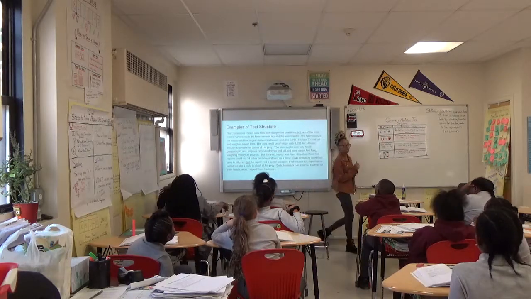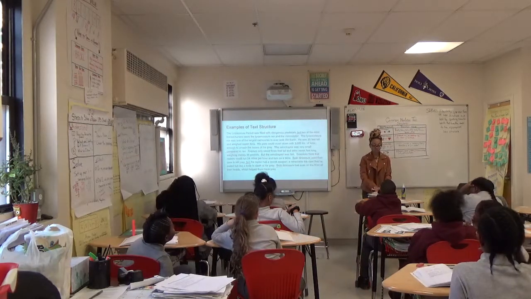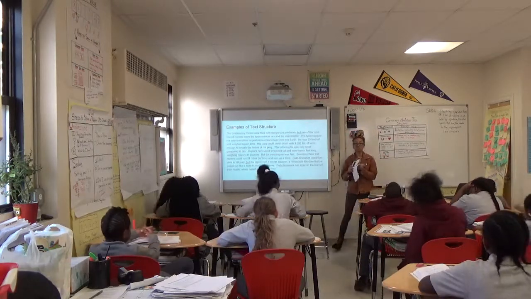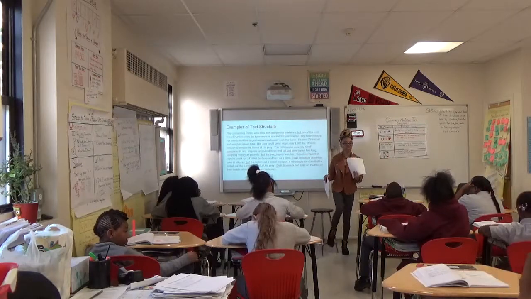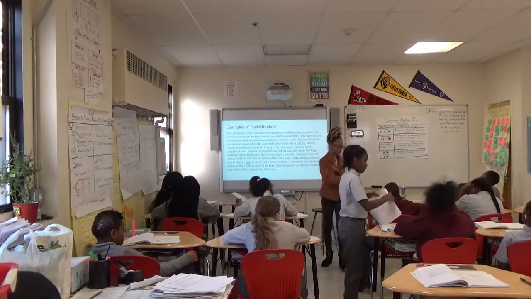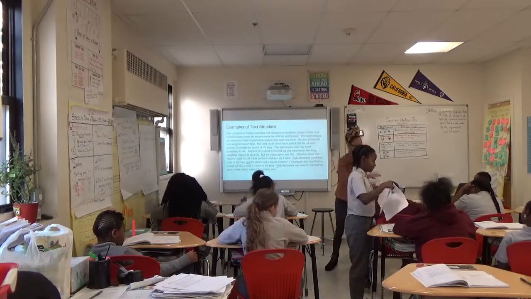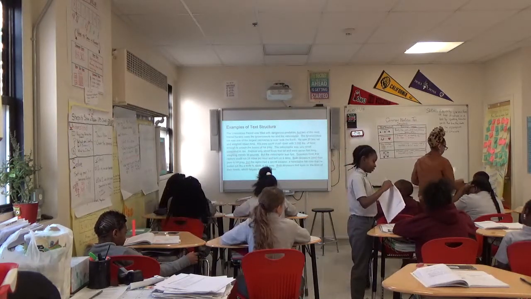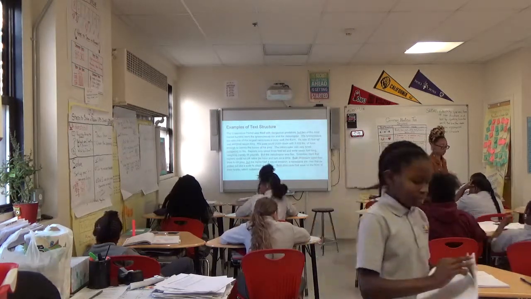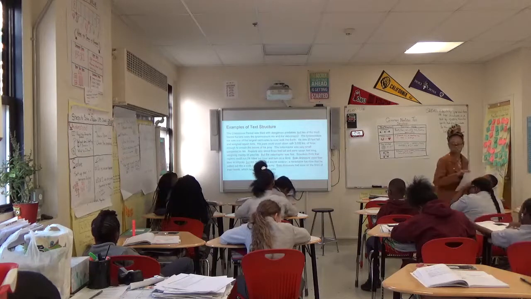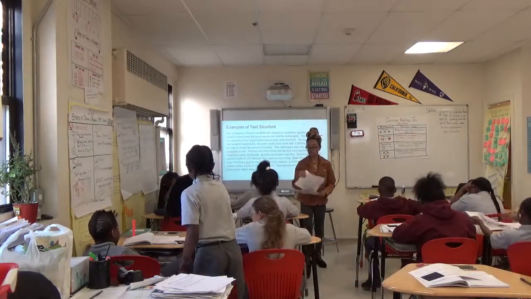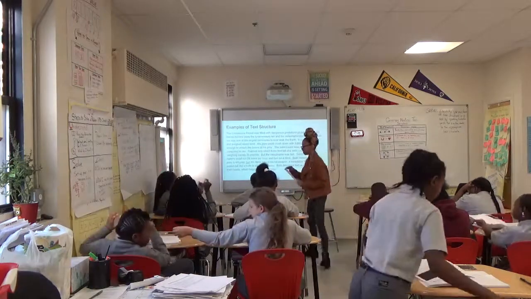Okay. So what I want you to do is sit and star so I can hand out something to you. And I need my teacher helper to help me. Yes, please put your name on it. There's a spot there that says name.